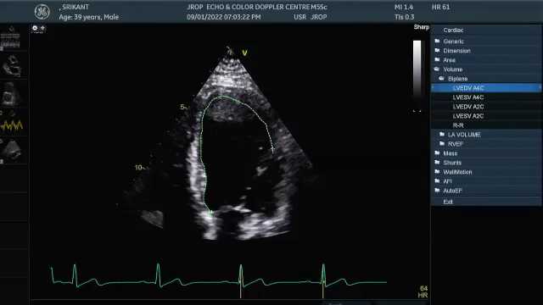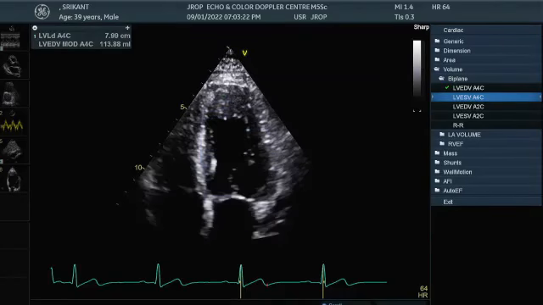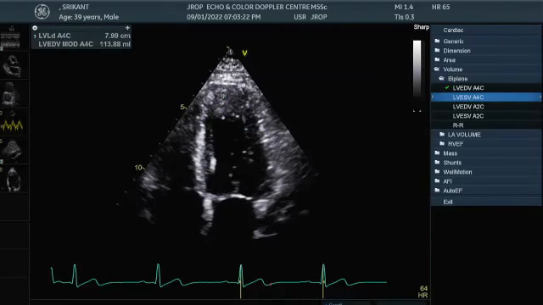I've excluded my papillary muscle; I'm not including my papillary muscle. Bring it down to the lateral annulus. Press click. It will ask for the apex, so here is the apex. Now this is the LV volume in diastole. Now I'll scroll the image to systole.